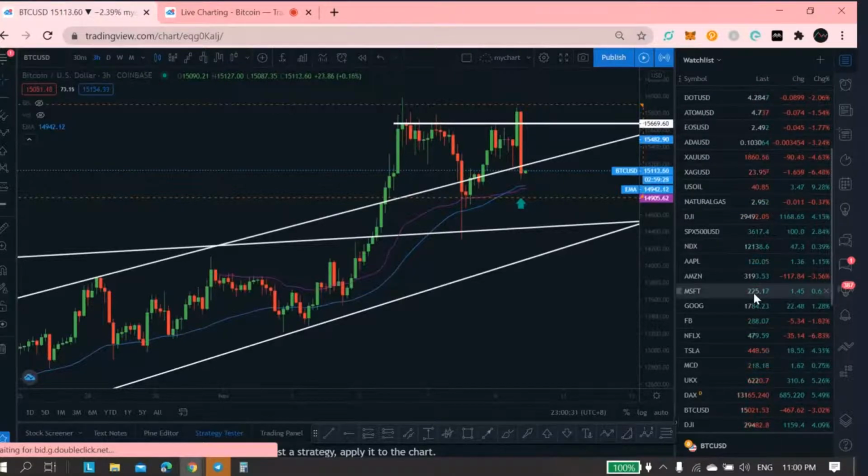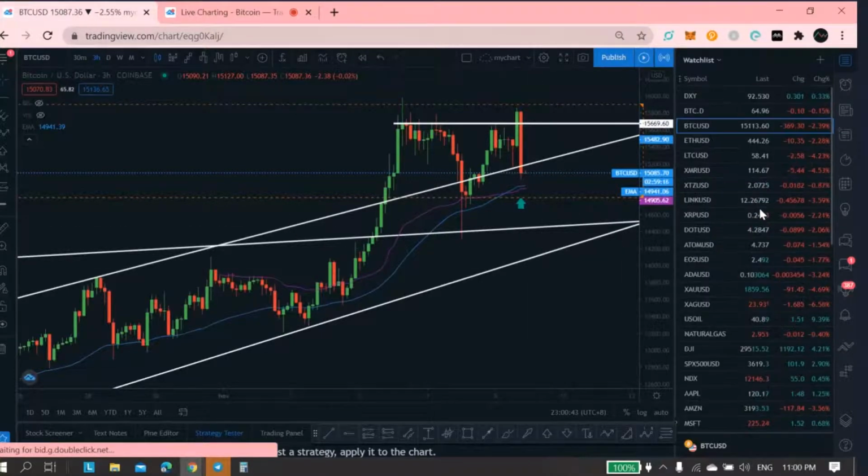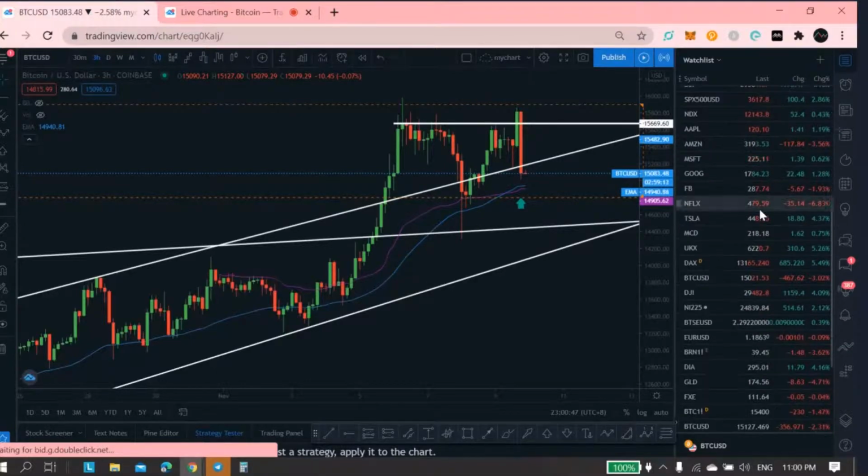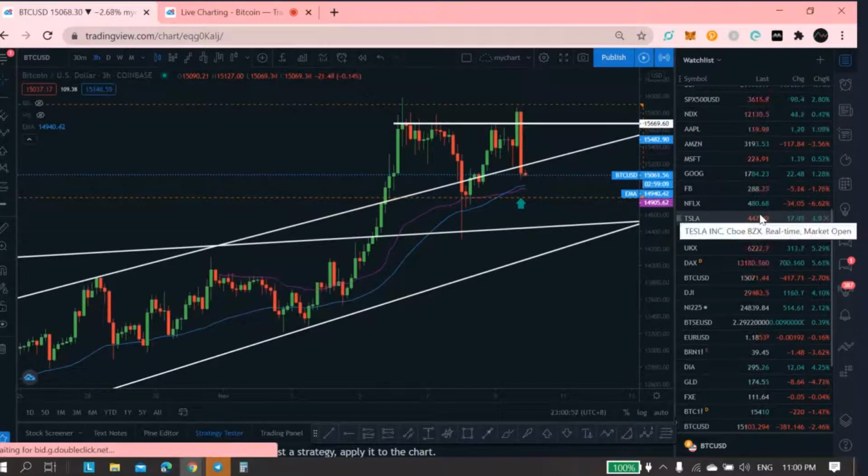Normally, it's positive for, of course, stocks, and relatively may not be that good for gold, and of course, Bitcoin. But overall, I'm still long-term bullish on Bitcoin. Of course, it just needs to correct.